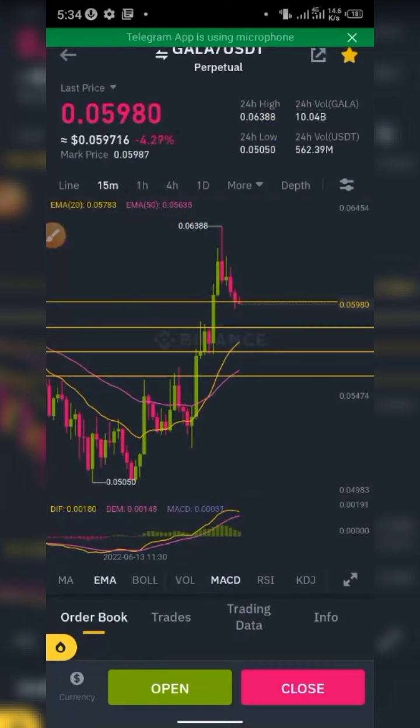Why are we doing this? Because we don't know the direction that it may go. So we are trying to protect our trade, and that is the meaning of hedging. You are protecting your trade.